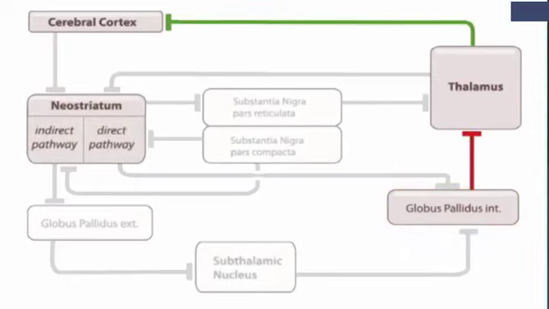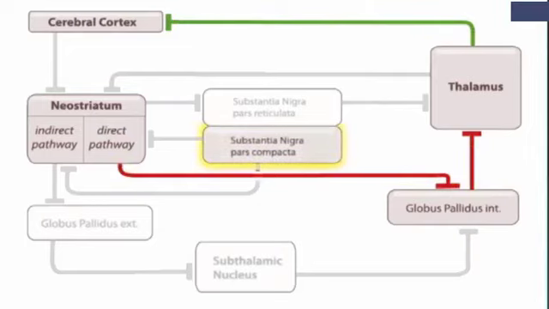There's the direct pathway, in which neurons from the striatum directly synapse on the internal globus pallidus. The direct pathway inhibits the internal globus pallidus, so there's less inhibition of the thalamus. The direct pathway is inhibiting an inhibitor, so the output from the thalamus is stronger, and you get facilitation of movement. So the direct pathway facilitates movement.